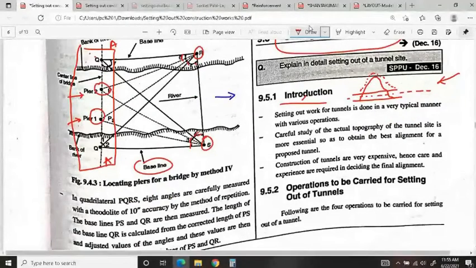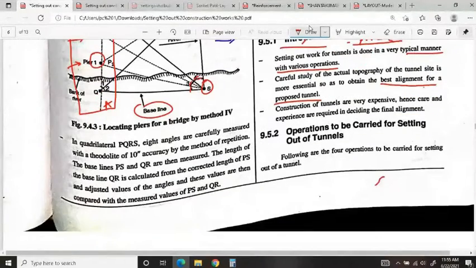Setting out of work for a tunnel is done in a very typical manner, with various operations. It is not very easy and it is very complicated also. Careful study of the actual topography of the tunnel is the most essential so as to obtain the best alignment for the proposed tunnel.